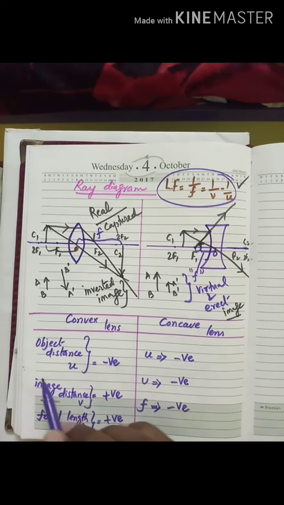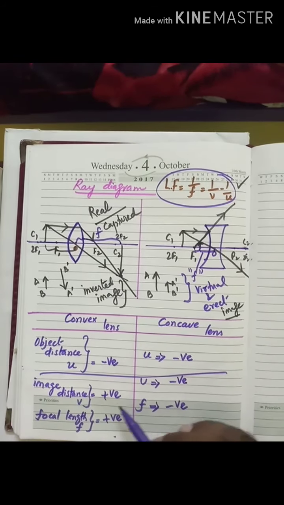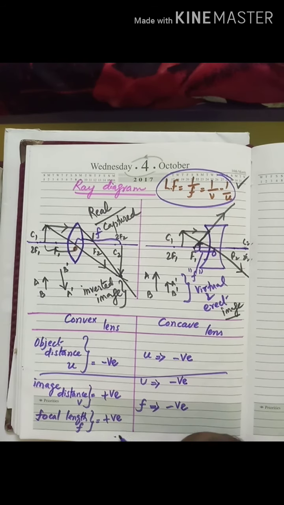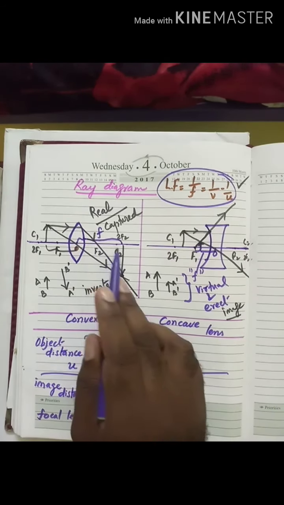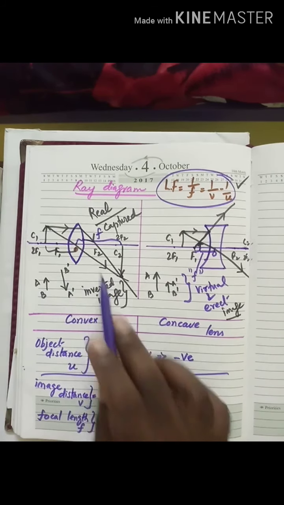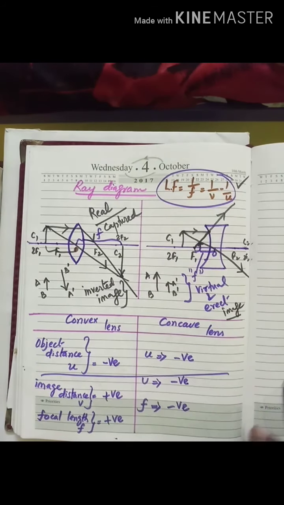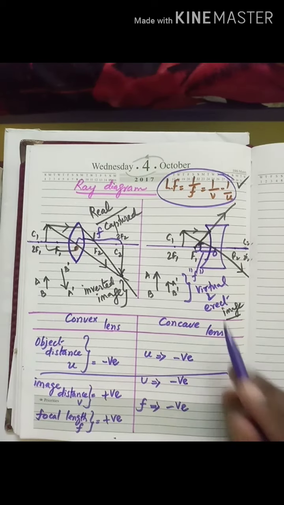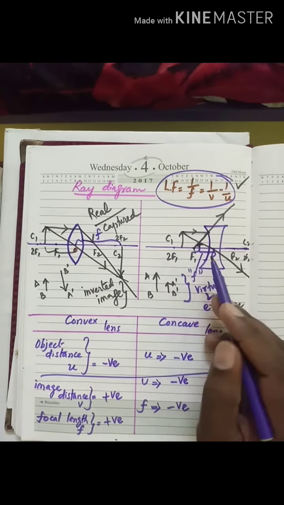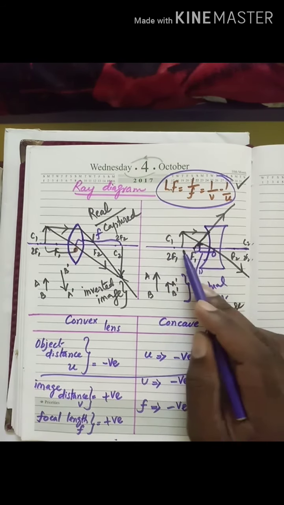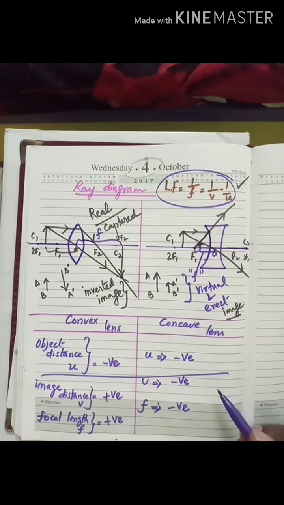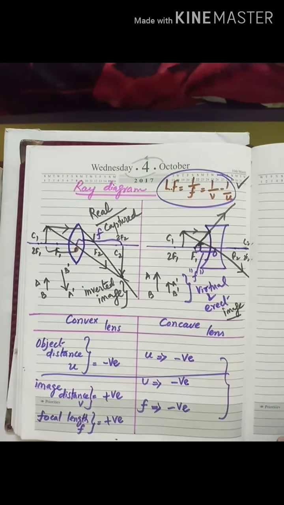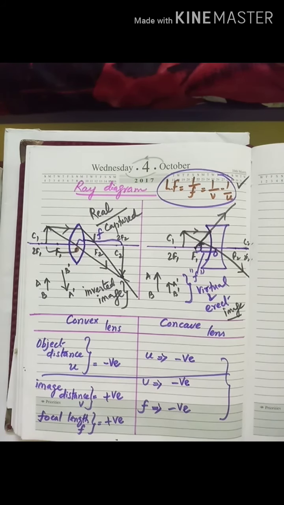U is always negative, but v and f are always positive for a convex lens because the image and the focal length come on the right side of the lens, whereas for a concave lens all are falling on the left side itself. Object distance, image distance, then focal length, everything comes on the left side, so all the values come as negative. So hope you understood.